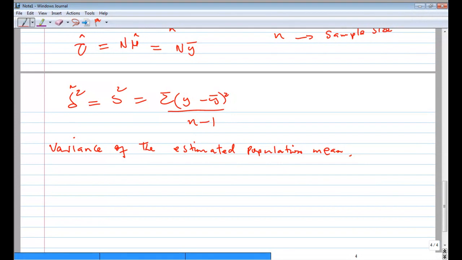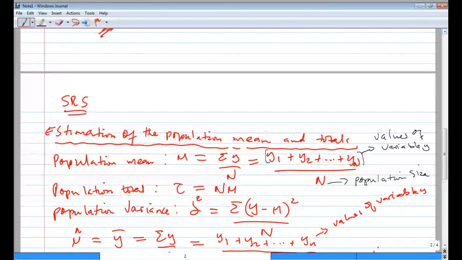There's no way we have y minus y bar squared divided by n here. I was referring to the population, where we said we don't use n minus 1.